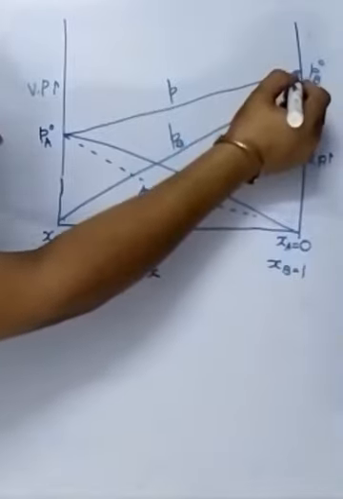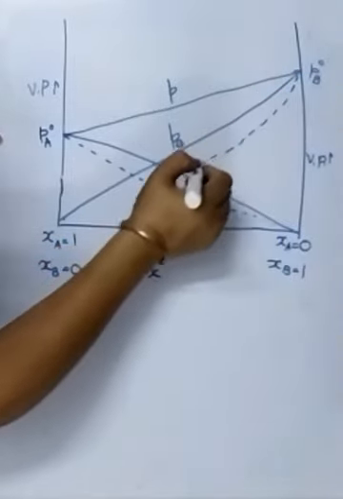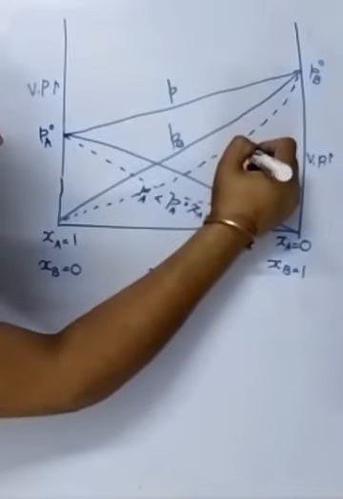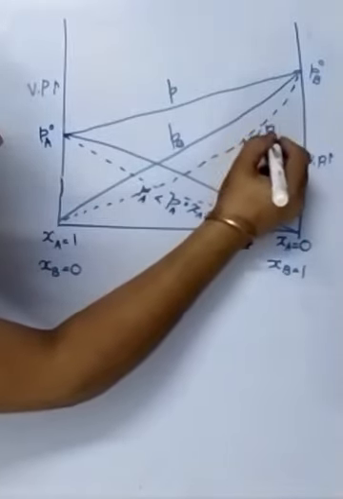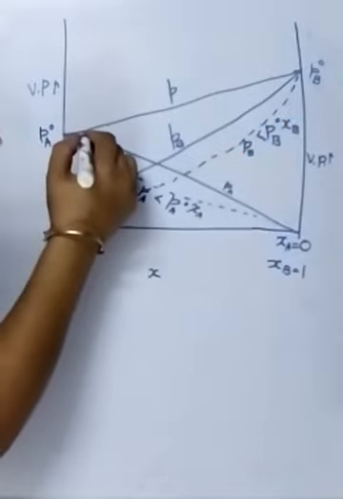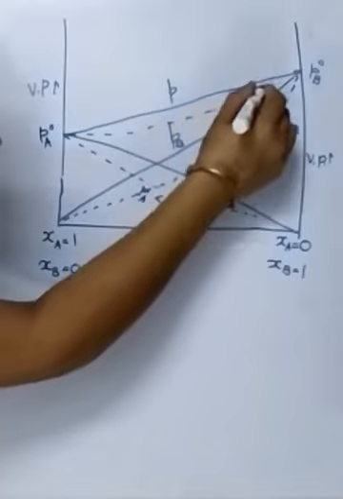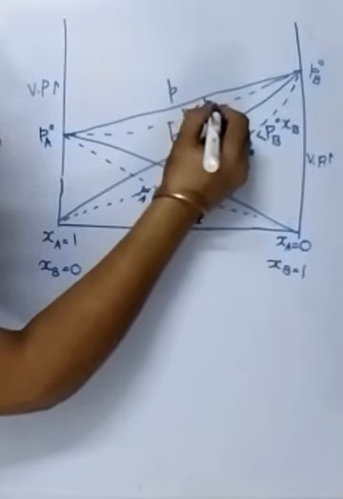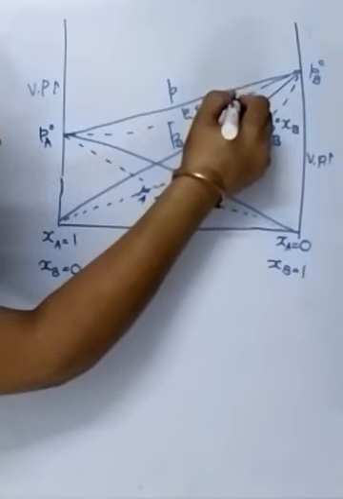This will be the curve for PB, which is smaller than PB naught XB. And this will be the curve for the solution, that is P is smaller than PA plus PB.